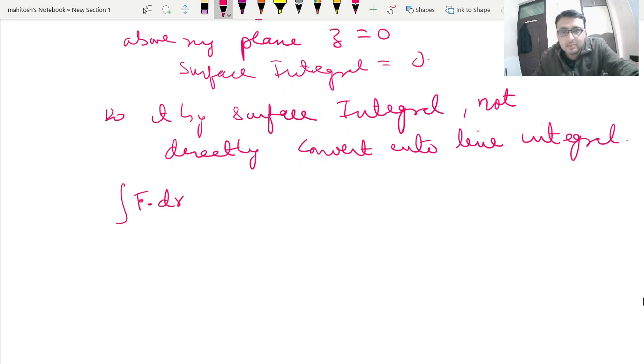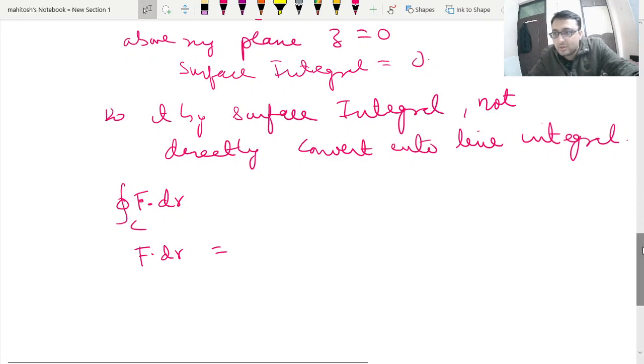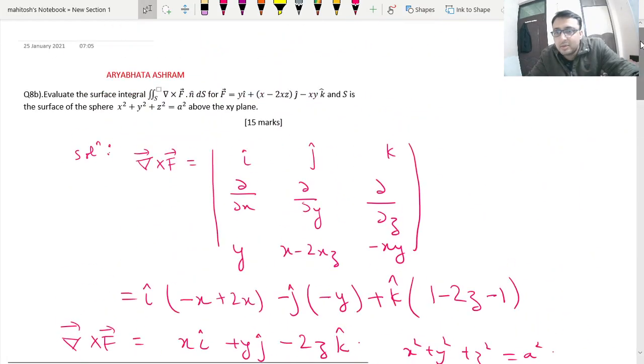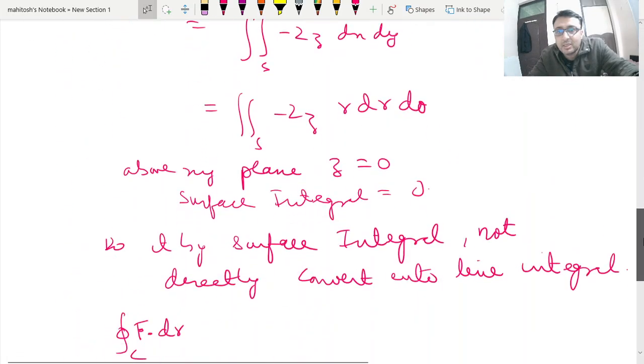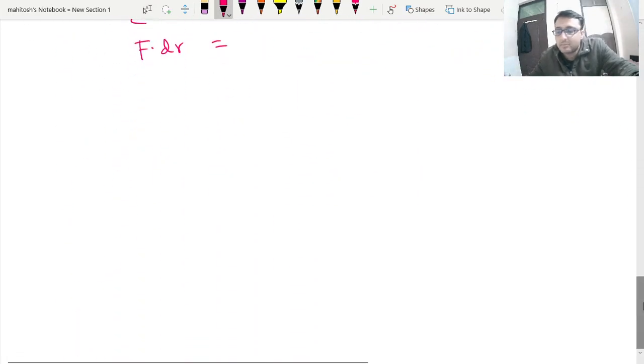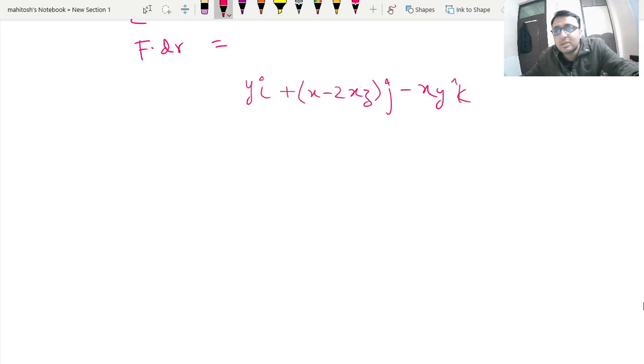If we do it, F dot dr, so F dot dr is nothing but, we have given what is our F, we can write from the top. F is y i cap plus x minus 2xz j cap minus xy k cap.